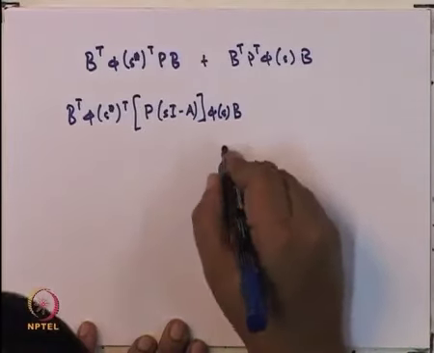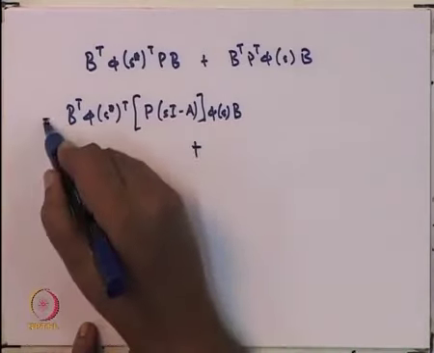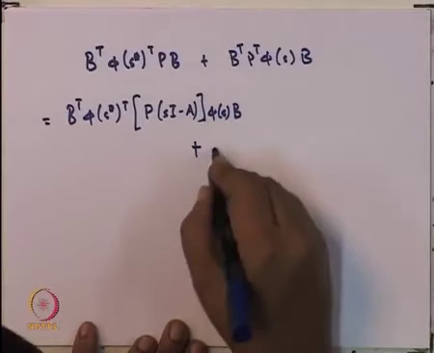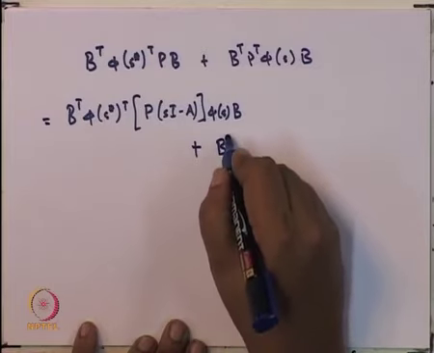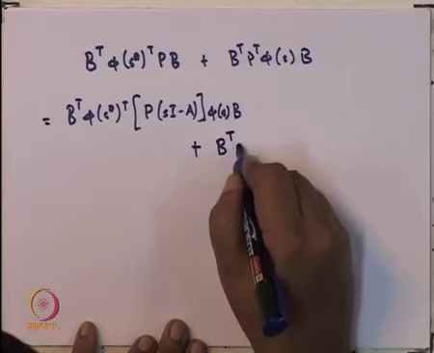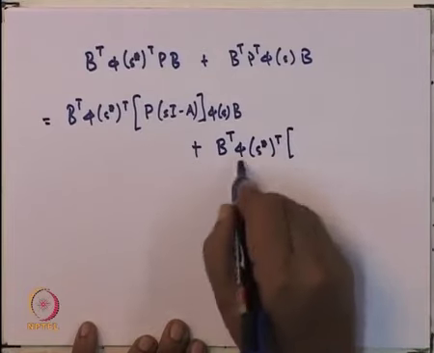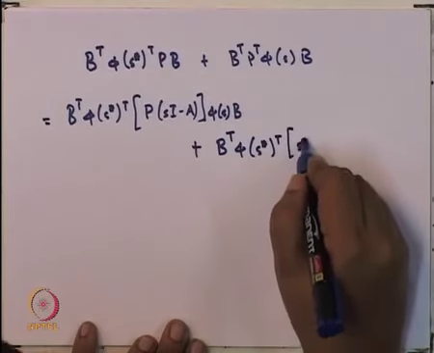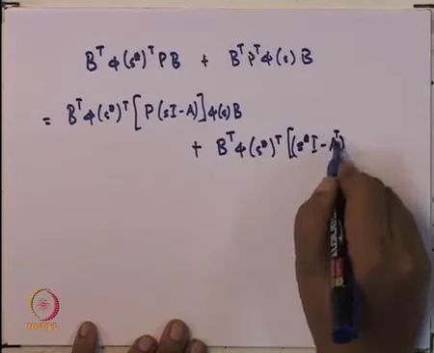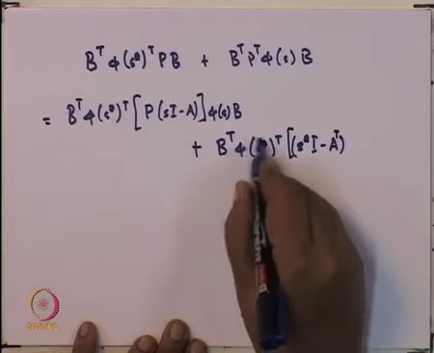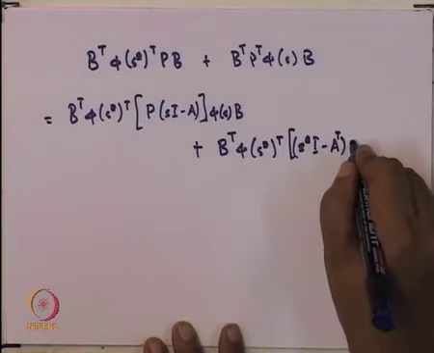Now for this one I can write plus, okay, so that one is the same as this one, plus here I write down B transpose, I have the phi S star transpose, and then I have S star I minus A transpose, which is really the inverse of this. So these two can cancel, and then I have P.